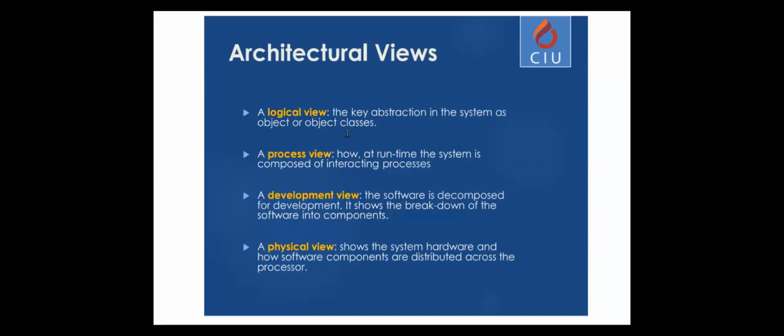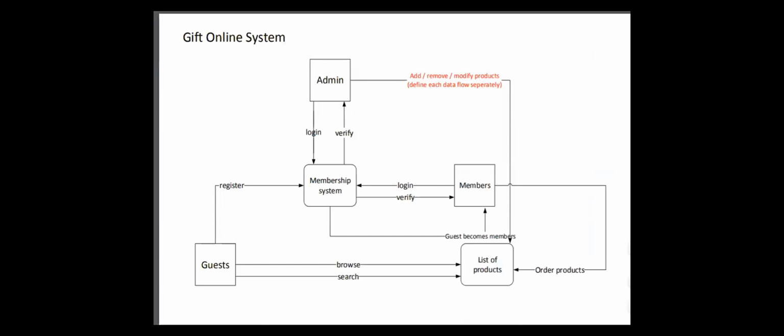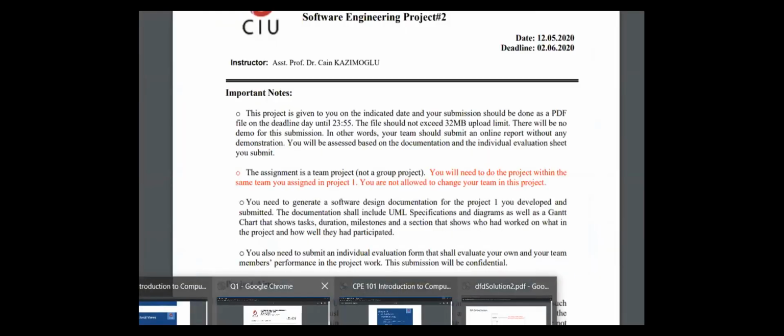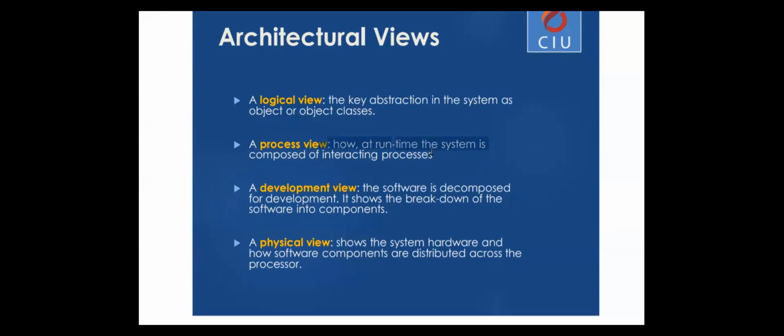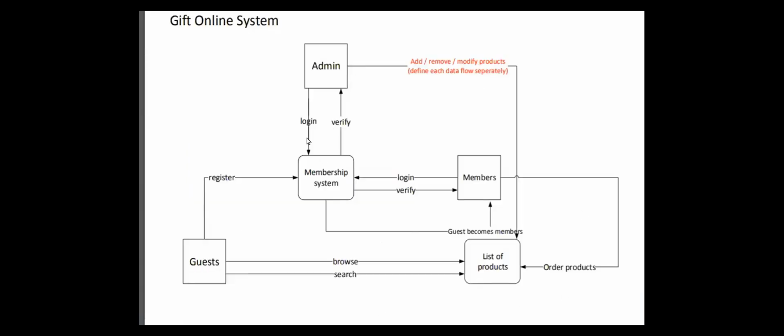So by drawing that DFD diagram that I showed you, I actually achieve all these 4 models. There's a logical view here that shows how the system will function, right? It shows me a clear idea about the processes. We know how many processes there are now by drawing this diagram. We know how these interactions are happening, right? We have an idea of the members going into ordering products after being approved by the membership system and so forth.